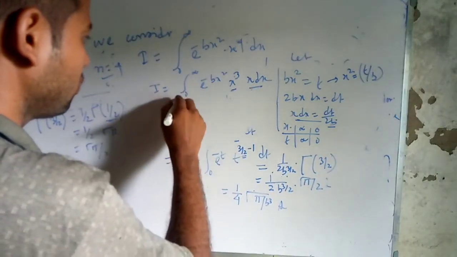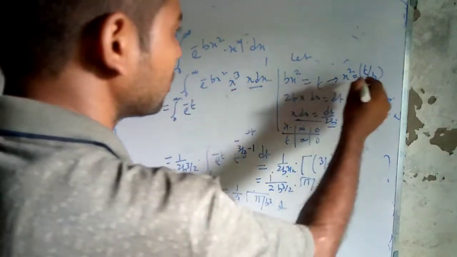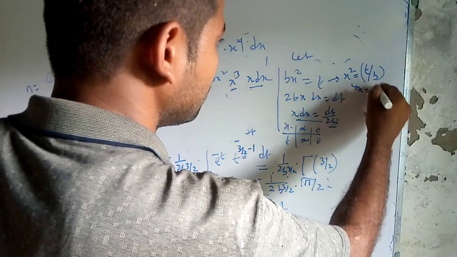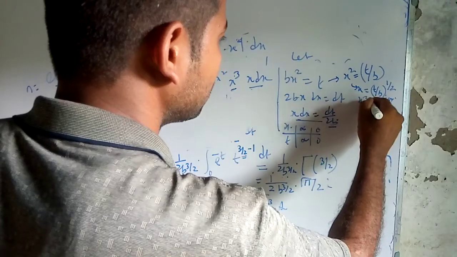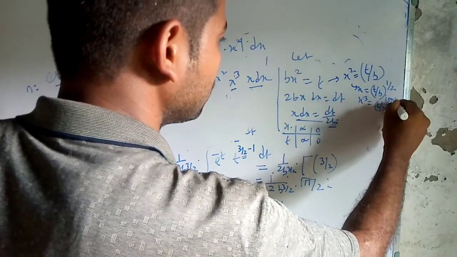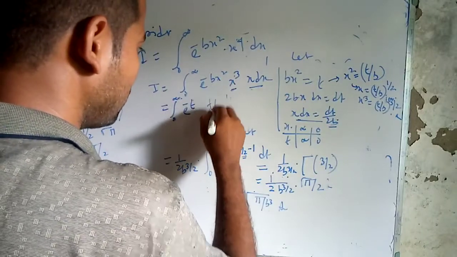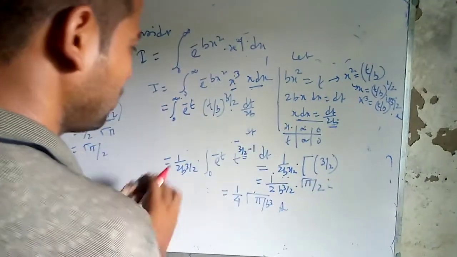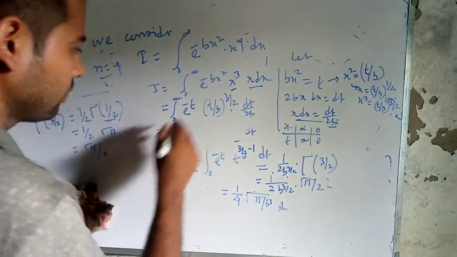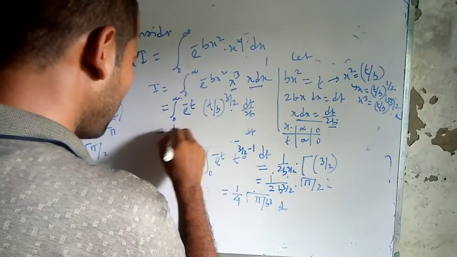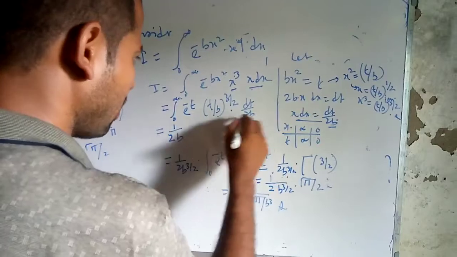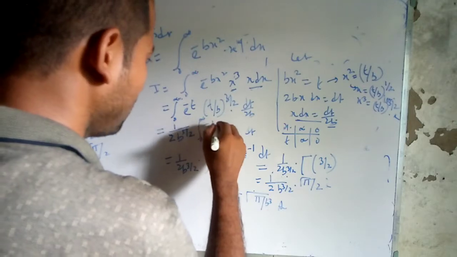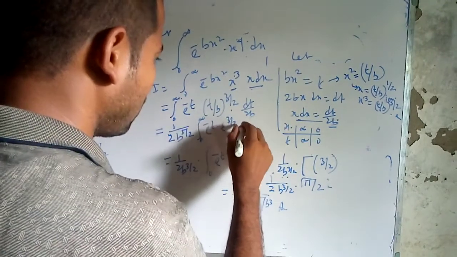This is the integral from 0 to infinity of e to the power minus t, where x is the square root of t by b, and x to the 4 is t by b squared, into dt by 2 root of b t. Inputting this value, we get 1 by 2b^(5/2), with the constant outside the integration, 0 to infinity e to the minus t, t to the power 3 by 2 into dt.